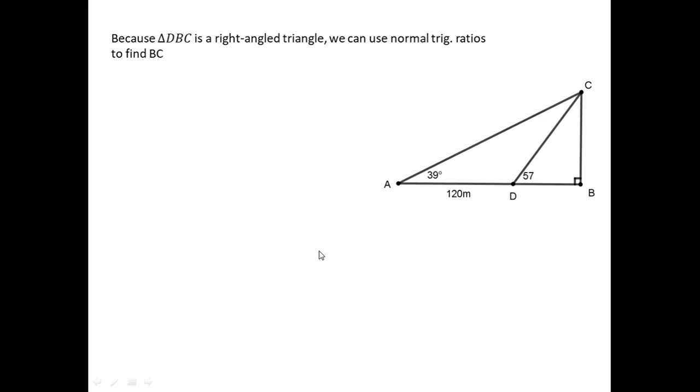Here we go. So sine of 57 is going to be equal to BC over the hypotenuse. There it is. Rearrange that and get our answer. BC is 204,96 meters. Forgot my units again. That's -2 for me.